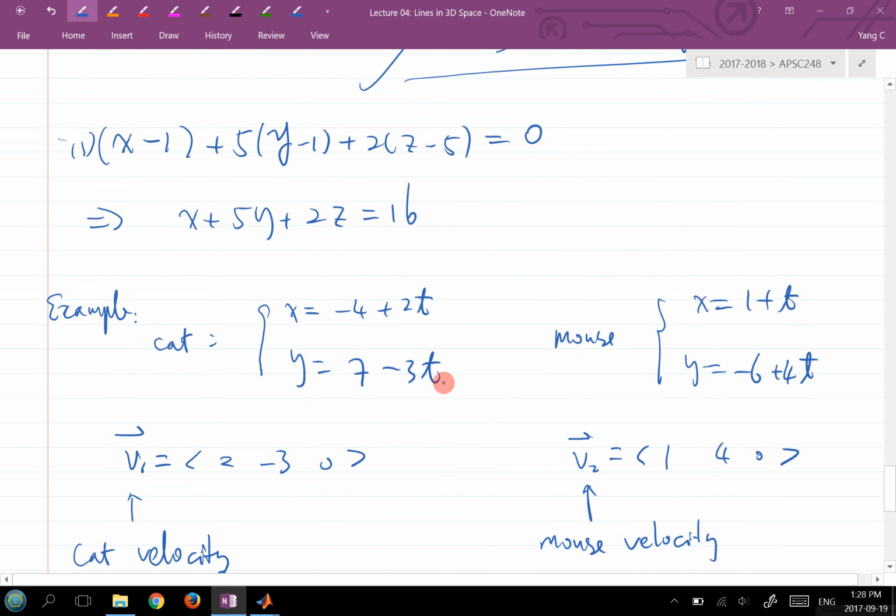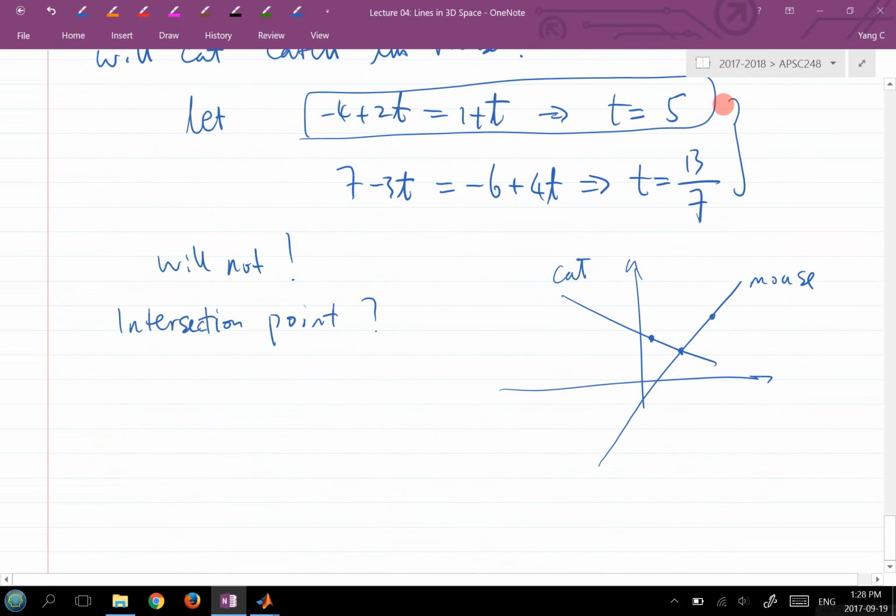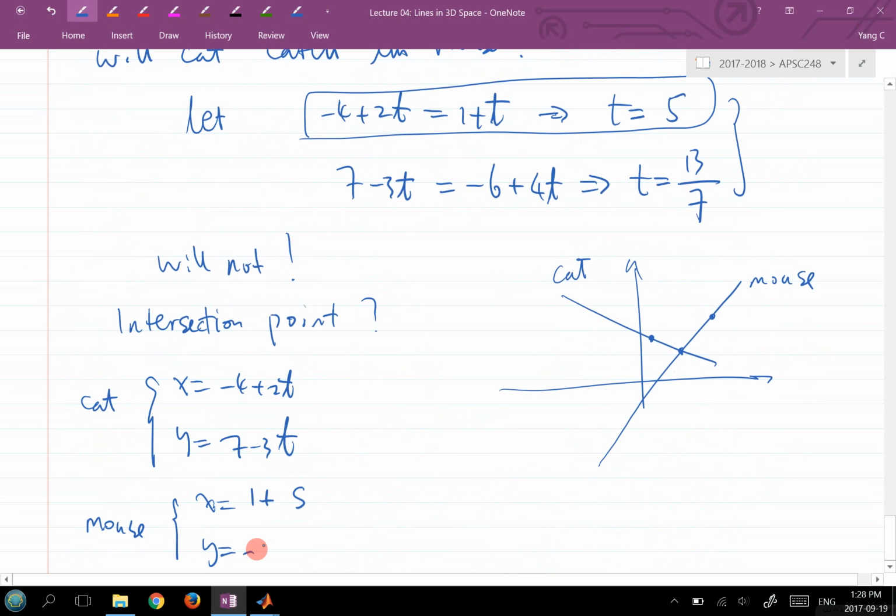Just change to completely 2 sets of parametric equations. So a line for the cat: if I just rewrite it here, x equal to -4 plus 2t, and y equal to 7 minus 3t. And for the mouse, I'll write it as x equal to 1 plus s, for example, y equal to -6 plus 4s.